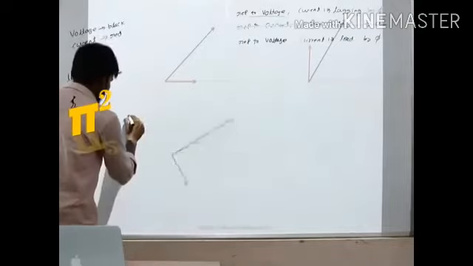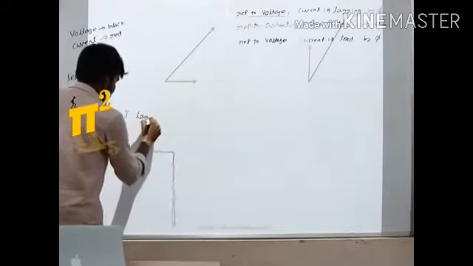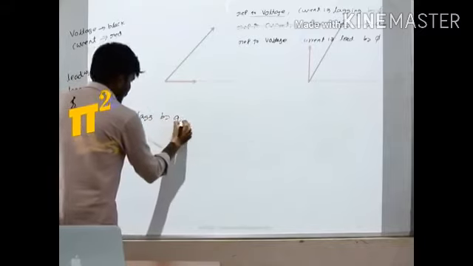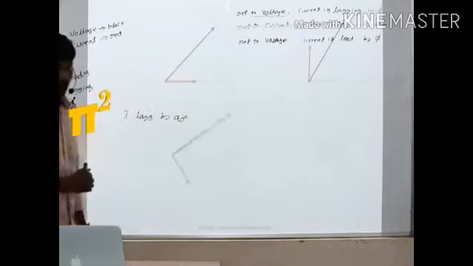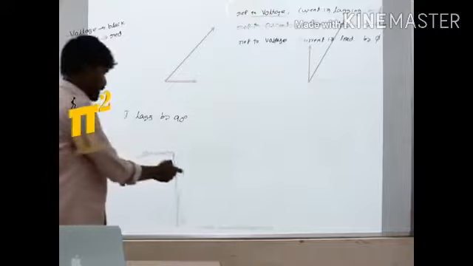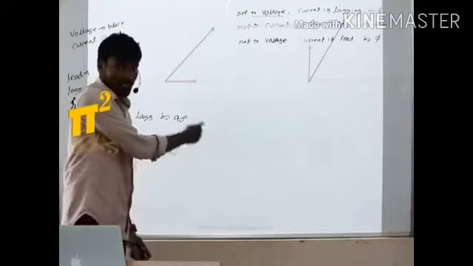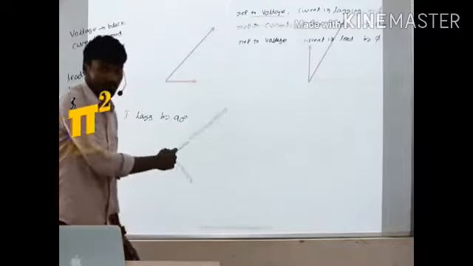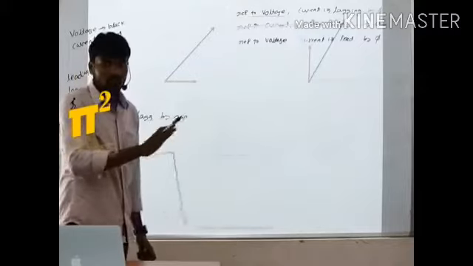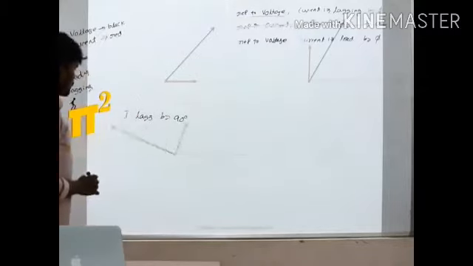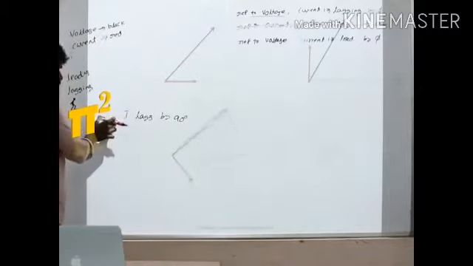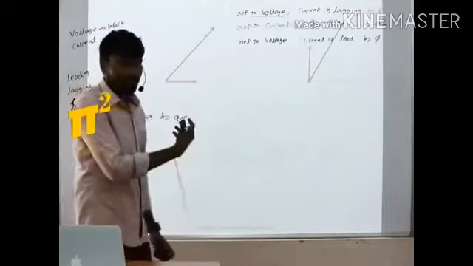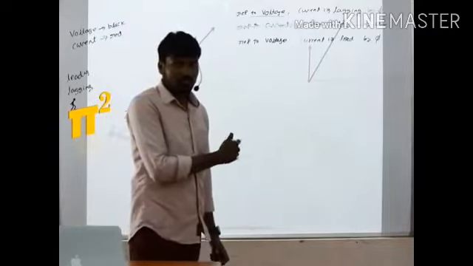By 90 degrees. Current lags by 90 degrees. And of course I said you should always take the counterclockwise direction, not the clockwise direction. If you take the clockwise direction, everything goes wrong. And I don't have to say reference because by default we always take the reference as voltage.